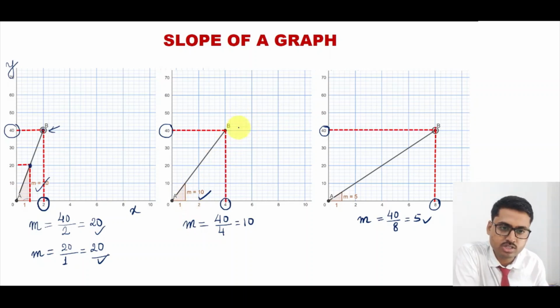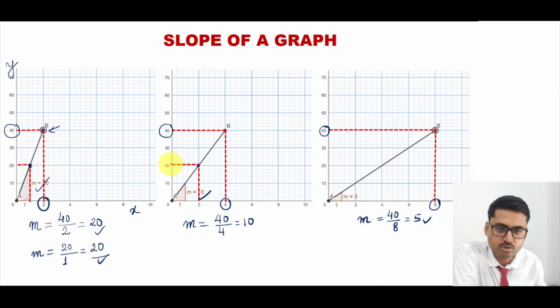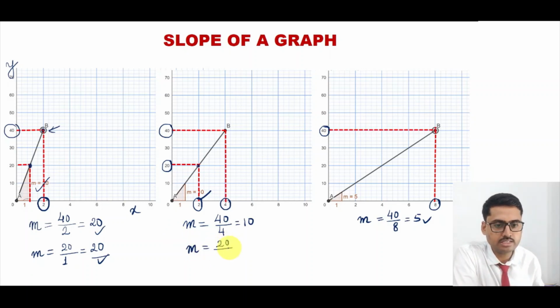Similarly, for this second graph, if I take, let's say, this point and I find the slope using this point, then we can see the corresponding values on the y-axis is 20 and x is 2. So the slope will be equal to 20 divided by 2, and that is 10, which is the same as what we calculated earlier.